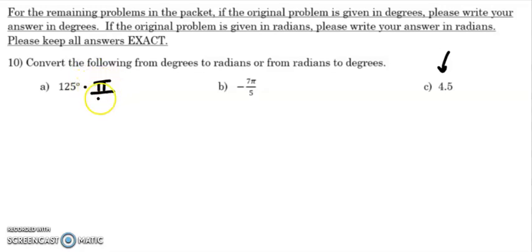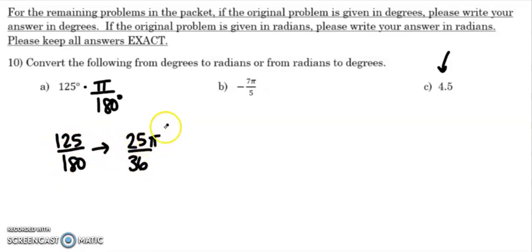I multiply by pi over 180 because there's 180 degrees in every pi radians. Using math fraction in my calculator, I just do 125 divided by 180. That gets me a fraction of 25/36 of pi. Okay, so I've gone 25 out of 36 wedges around the top of the coordinate plane.